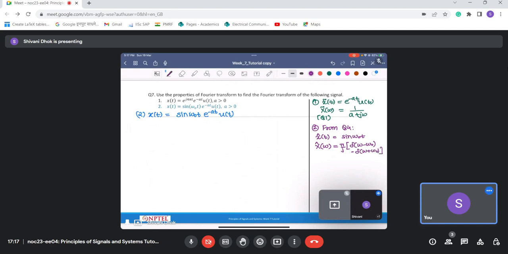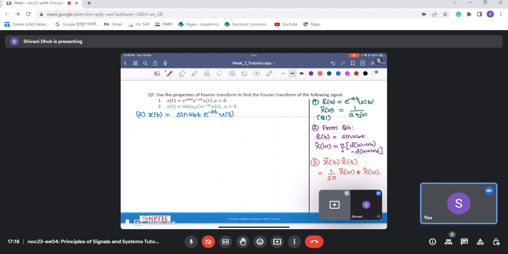This we had seen. And the next thing that we have discussed in the properties is that if I have multiplication of two signals, that is x tilde of t multiplied by x hat of t, then the Fourier transform of this is simply 1 over 2 pi times x tilde of omega convolved with x hat of omega.